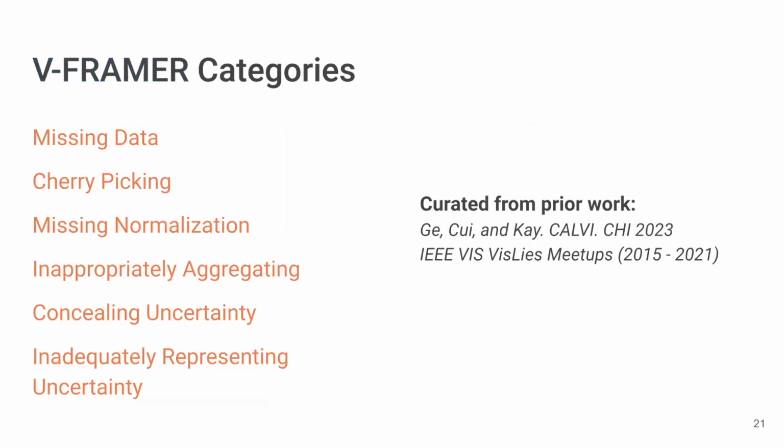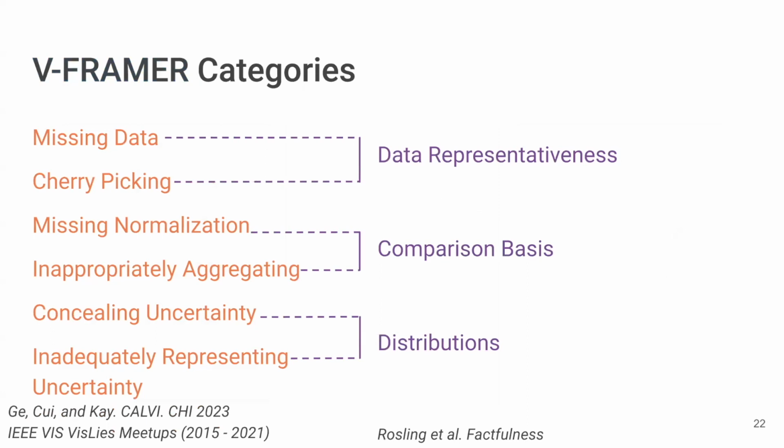The categories in FRAMER include this set of reasoning misleaders curated from prior work, which you saw before. And there's also a set of data considerations that's relevant to certain sets of reasoning misleaders. For example, data representativeness is mapped to missing data and cherry picking. Comparison basis is mapped to missing normalization and inappropriately aggregating.